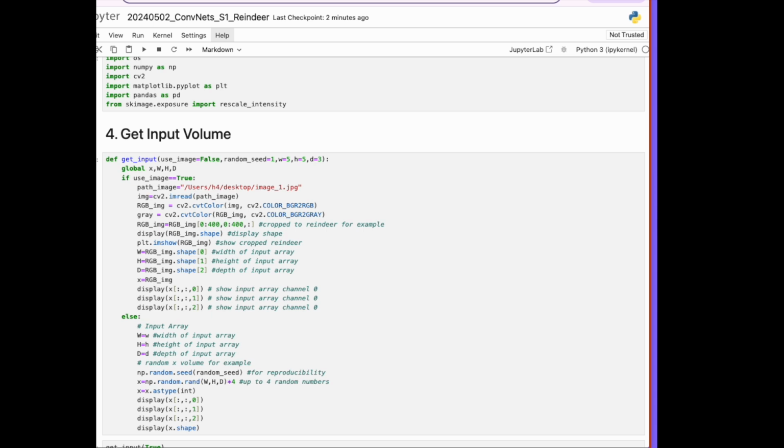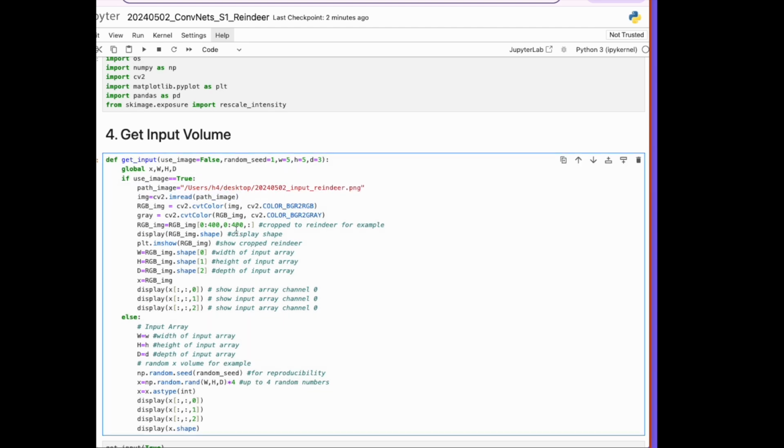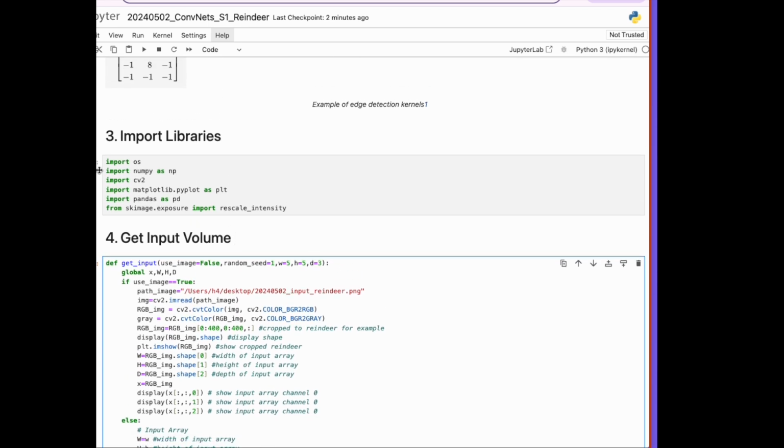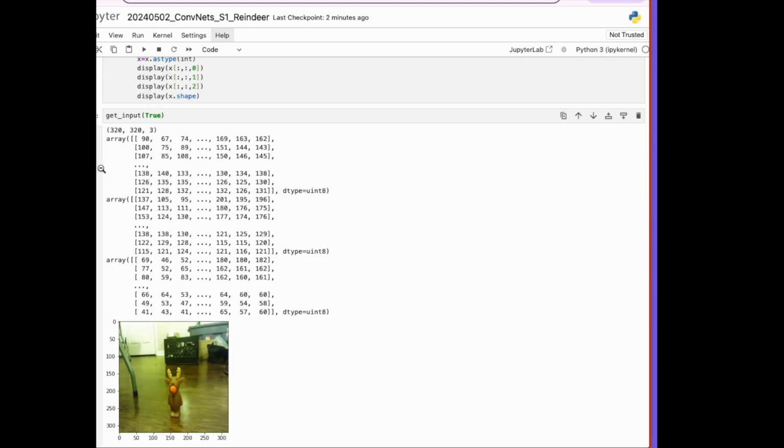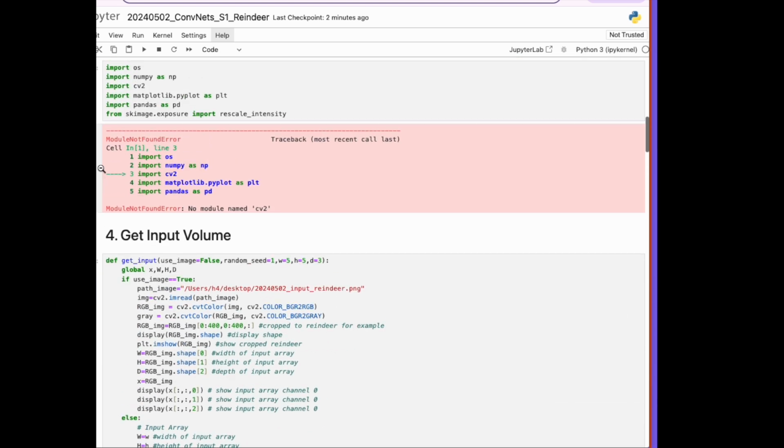Okay, so I'm going to import the libraries. I hope it works. Didn't check it before. Not working.